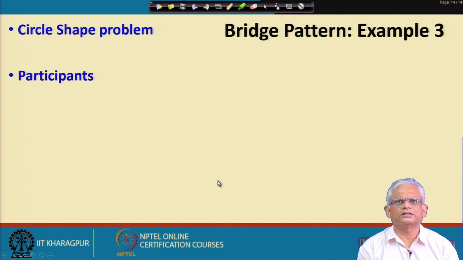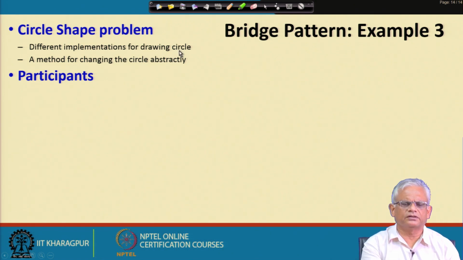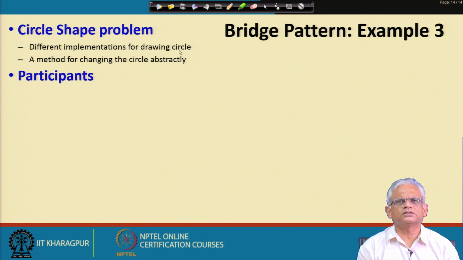Now, let us look at another example. Let us look at the circle shape problem. The problem is that we have a circle, we have a package where we can draw a circle, and also we can do various manipulations on the circle.